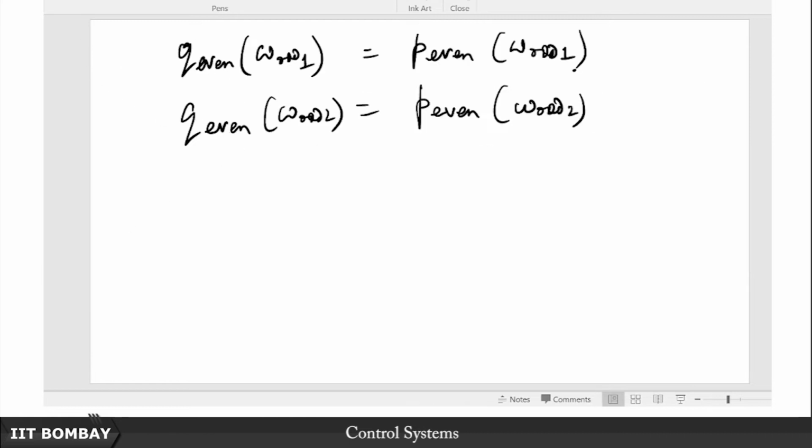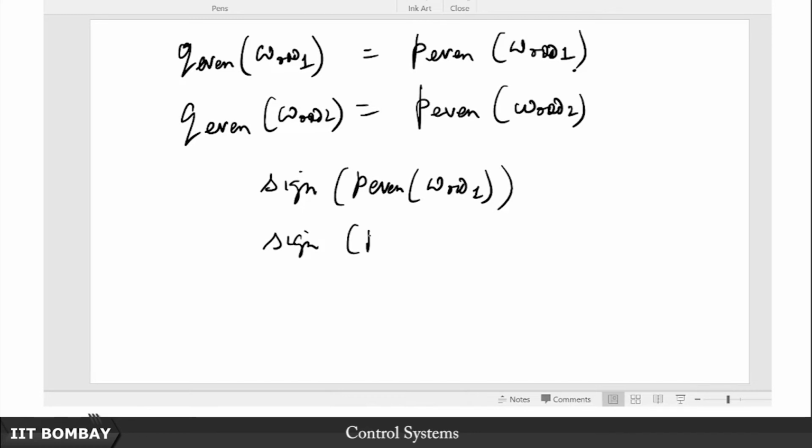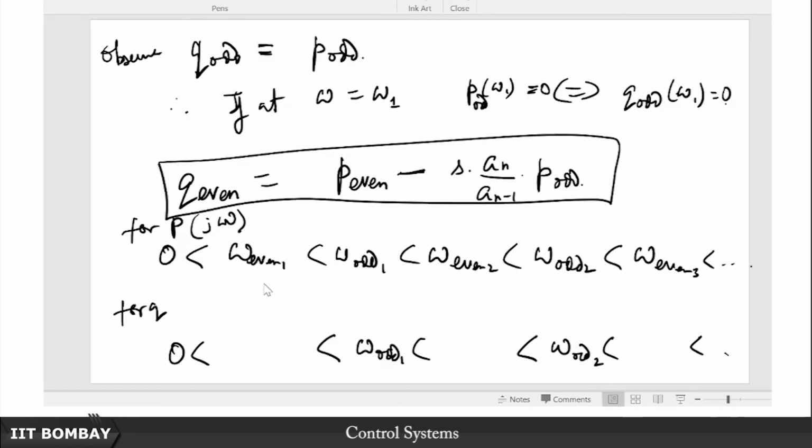So then notice, what is the sign of P even at ω odd 1 and what is the sign of P even at ω odd 2? Why am I asking this question? Because remember in the original case, I can forget about Q and think of just this.